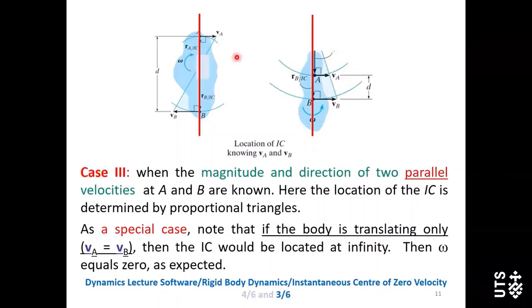Then, if we draw another line connecting the end point of Va and the end point of Vb, you can see these two lines have an intersection point here or here, and this intersection point will be the IC point.